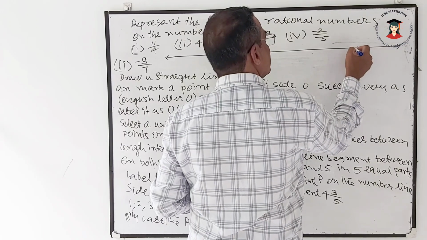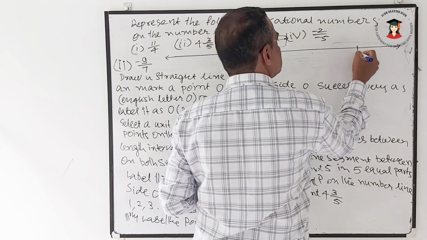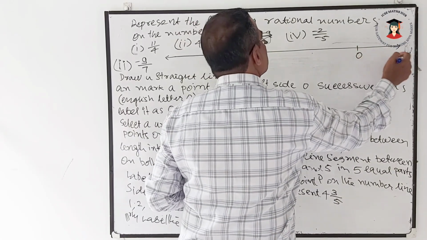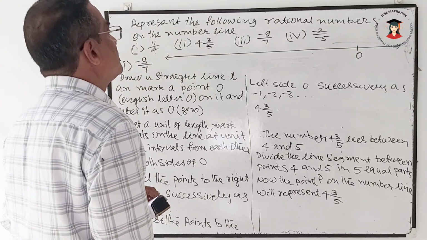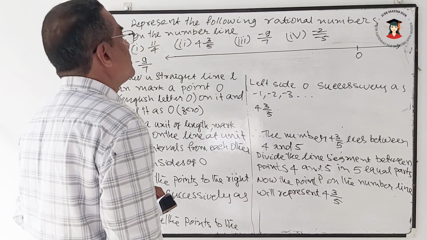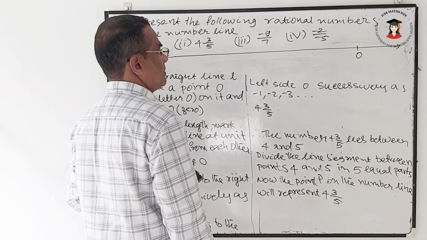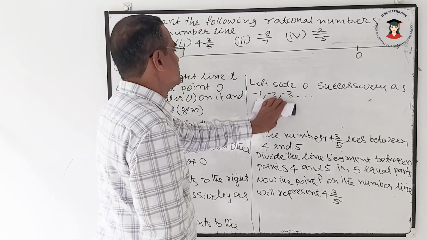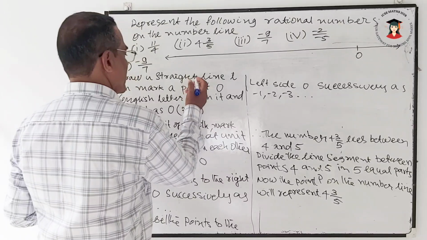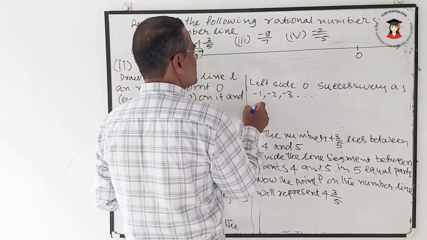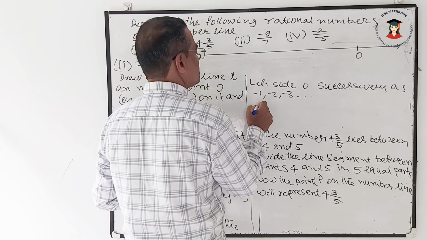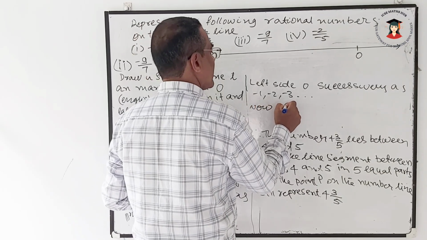I am marking 0 here. And then divide negative 9 by 7. So you write the description up to here. Then our point is minus 9 by 7.